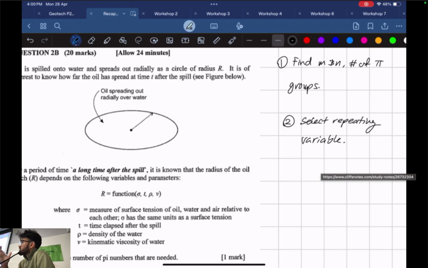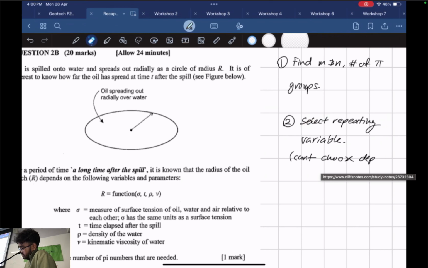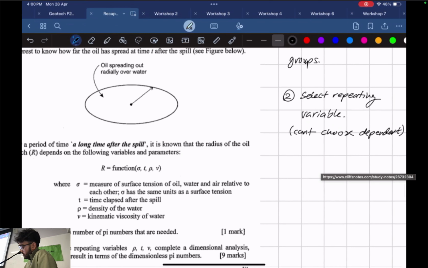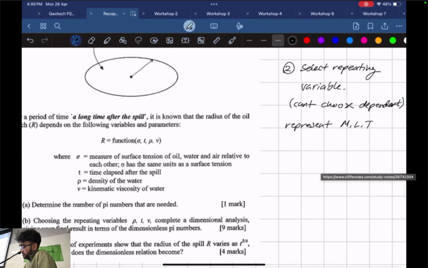Close. So you choose some of the independent variables. You can't choose a dependent one. That's correct. But what they actually represent are your dimensionless parameters. They represent M, L, and T. Alright? So that's what you're going to pick based on.